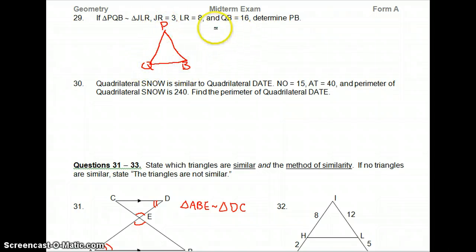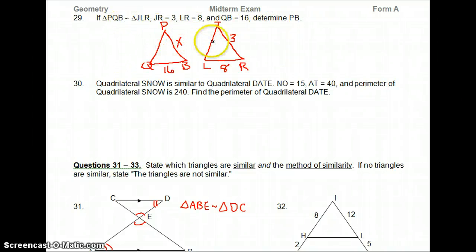PQB and JLR. If I put them in the same position when I draw them, then all I have to do is match up the sides. So JR is 3, LR is 8, and QB is 16. And they asked us to find PB, so I'll make that X.